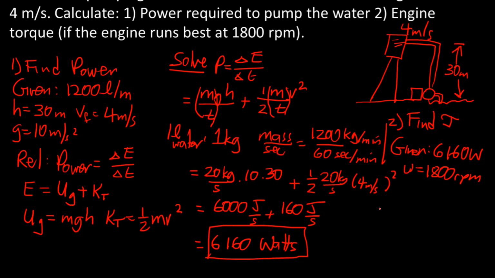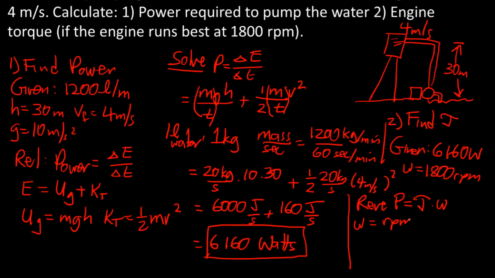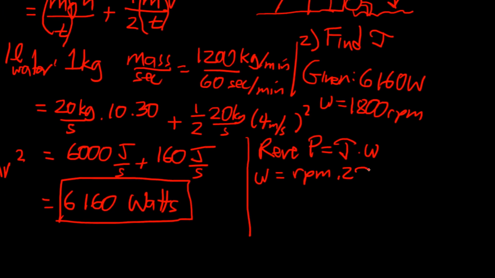We'll have to convert that a bit. We have a relationship: power is equal to our torque times our angular velocity. Angular velocity is going to be equal to our RPM times 2 pi divided by 60 to get this into radians per second.